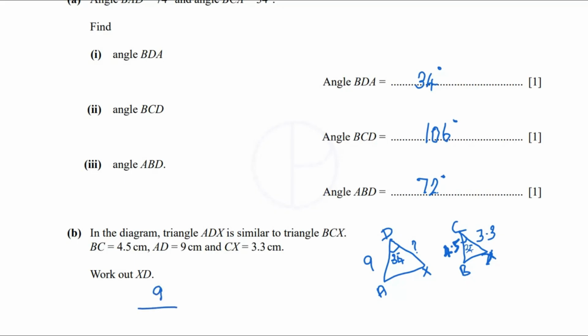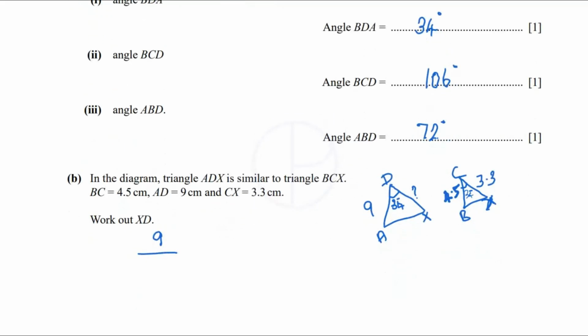So let's write the ratios. 9 over 4.5 is equal to, we need to find XD. The corresponding side value in the triangle BCX is 3.3. So make XD the subject. When you do cross multiplication, 9 times 3.3 divided by 4.5.